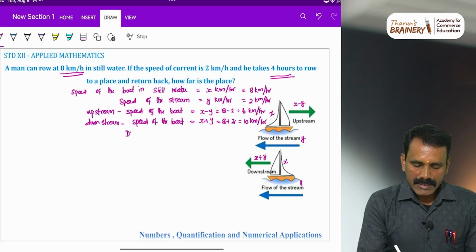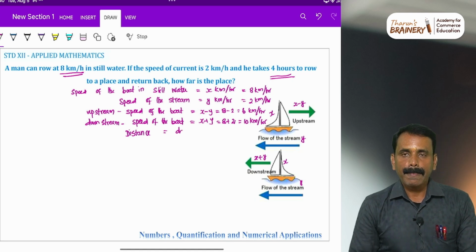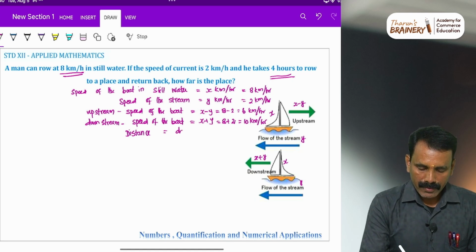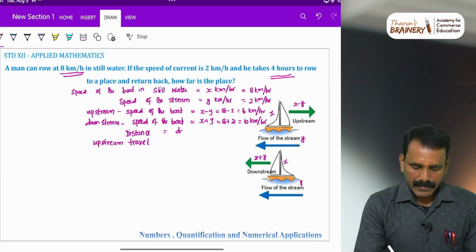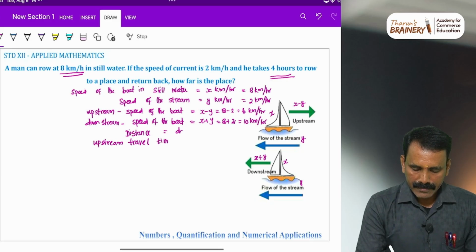So we take distance between the places as d. So upstream travel time, distance divided by speed, that is nothing but d divided by 6.